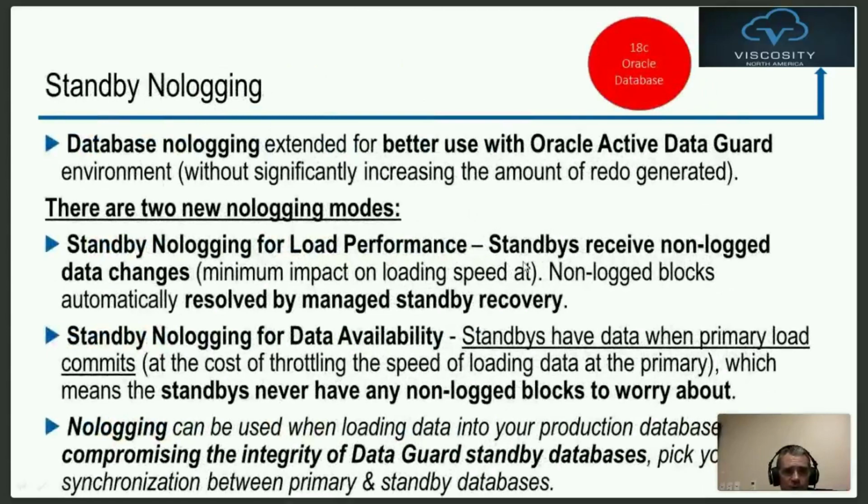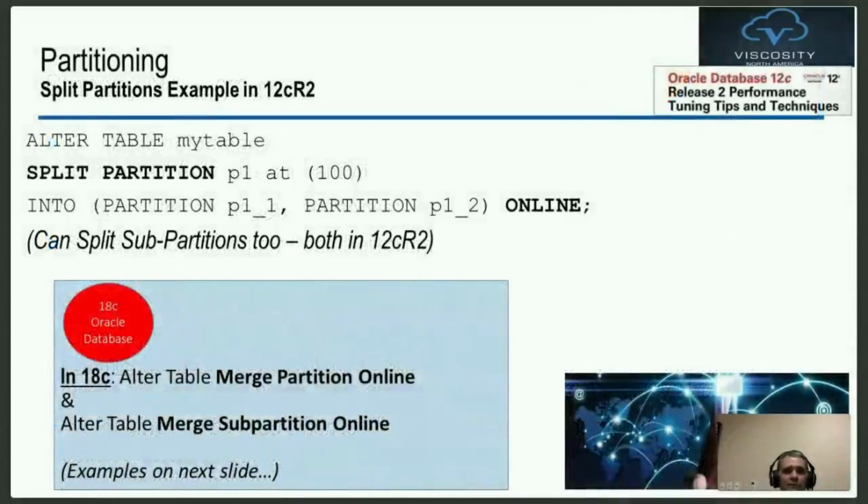One for load performance, where it gives you those non-logged data changes, minimum impact, and the non-logged changes are resolved by the managed standby. Or nologging for data availability, where the standby will wait at the commit. Now, it could slow down what you're doing, because it has to also go and commit on the DataGuard side as well. So basically, it's giving you an option to do it either way. Do it right away or delay it. But either way, I don't lose them anymore, which is nice.